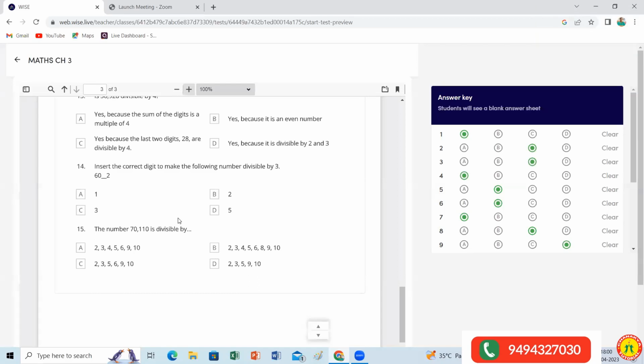See, check. Place 1 first: 6012. What is the sum of digits in 6012?